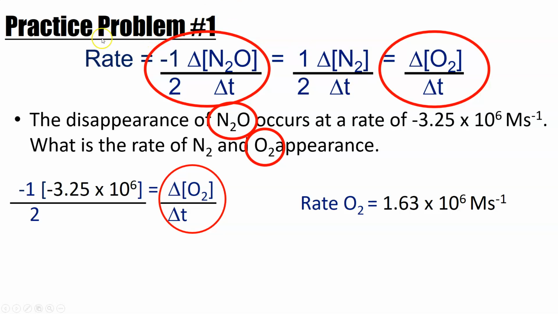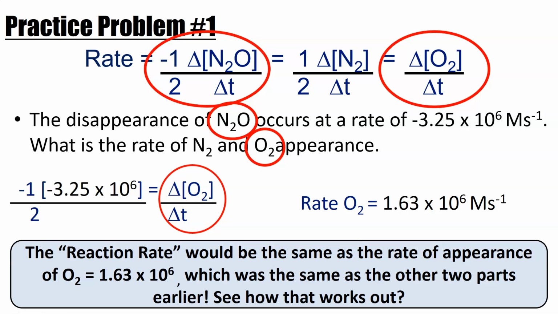Now if you look, the rate of reaction was equal to this, or this, or this. And we just solved for this, didn't we? Well, that number should look quite familiar from the previous slide. Wasn't that the exact same number that we had in the blue box on the earlier slide?